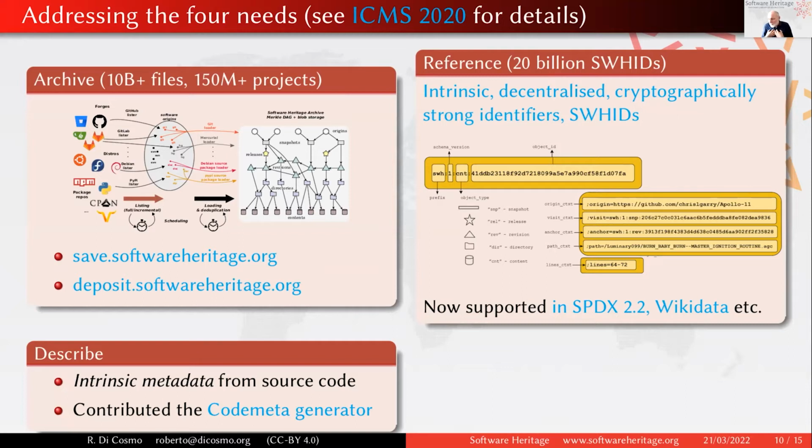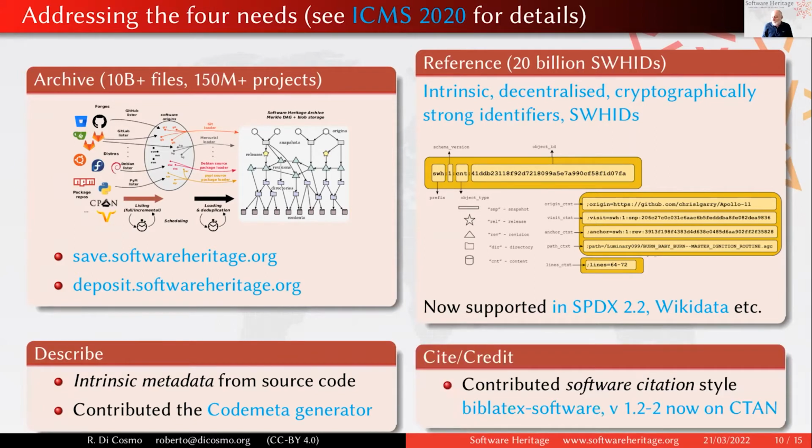You also have the description side. This is not our core business, because the core business of Software Heritage is archival and reference, right? But we are also trying to help on the describing side. For describing, we contributed the codemeta generator, a tool that allows you to produce normalized metadata about a piece of software you write.